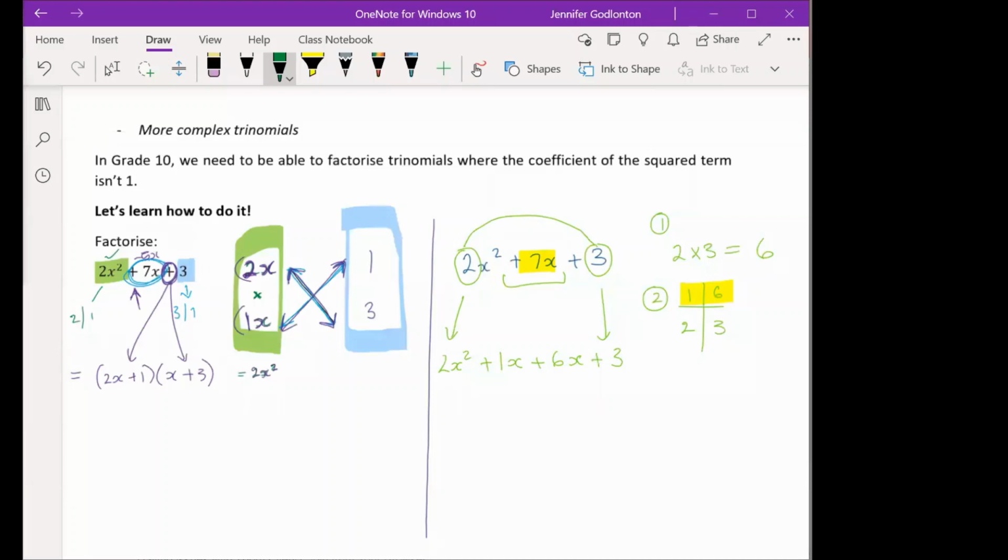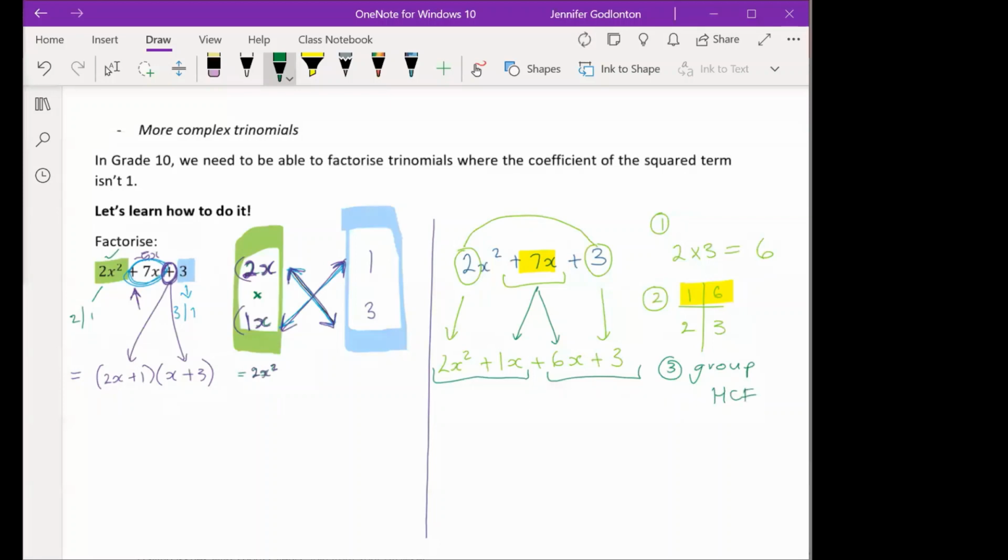Once we've gotten to this point, so that 7x is broken up into the 1x and the 6x, once we've split it up, we group our first 2 terms and we group our second 2 terms. So our third step is we group. We take out the highest common factor of those 2 terms.